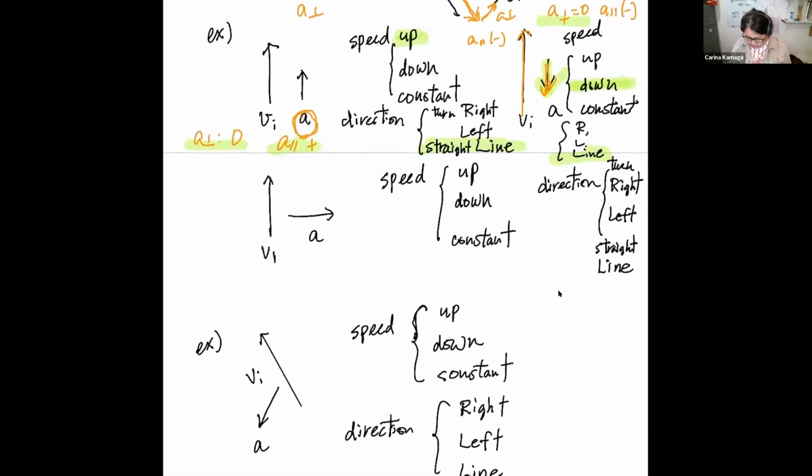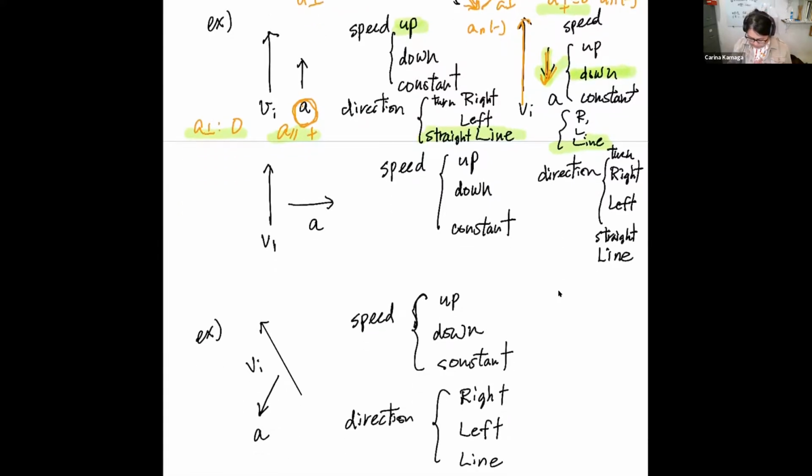Let's look at the third example. You see that A parallel to the motion is 0, but A perpendicular is pointing to the right of the motion. Then the parallel component is neither in the same direction nor opposite.